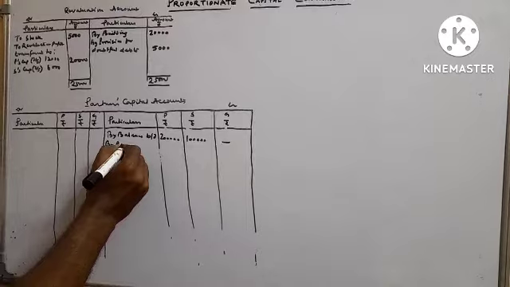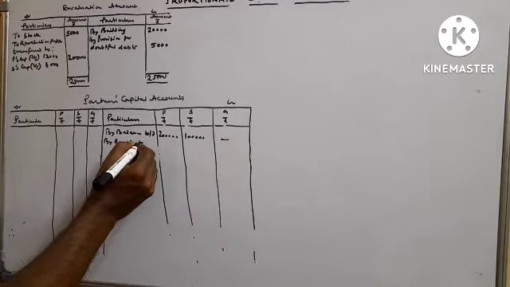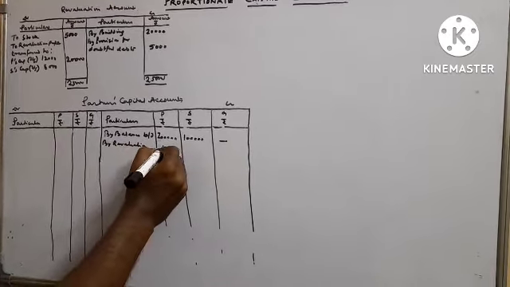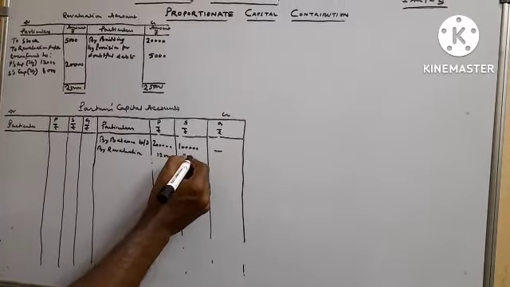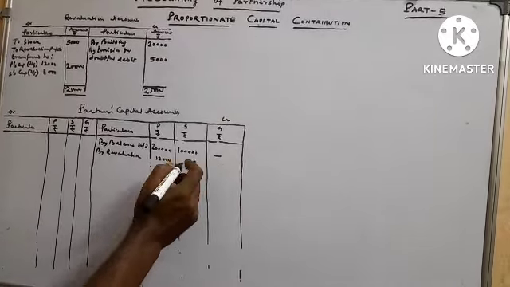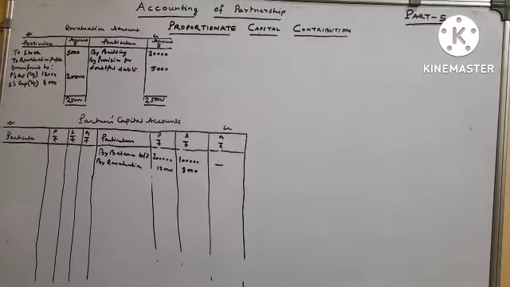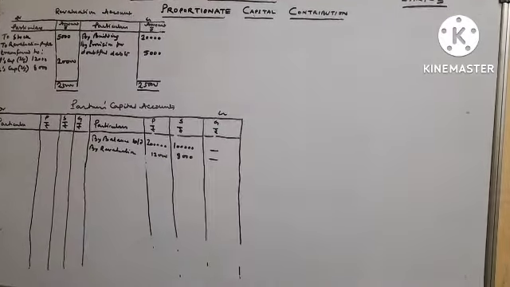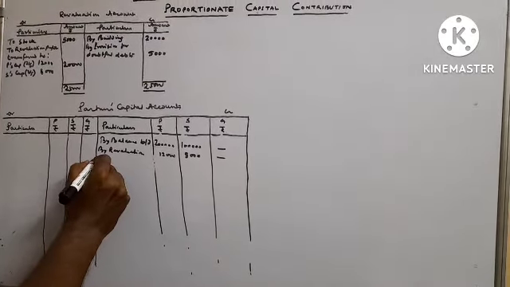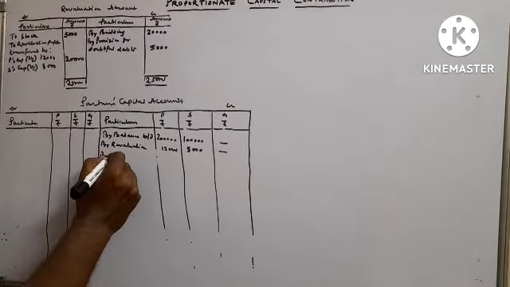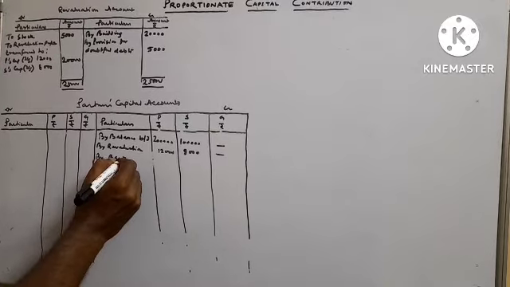It will be by revaluation 12,000. It will be 8,000. Next, new partner introduce fresh capital. Entry will be bank account debit to new partner capital.